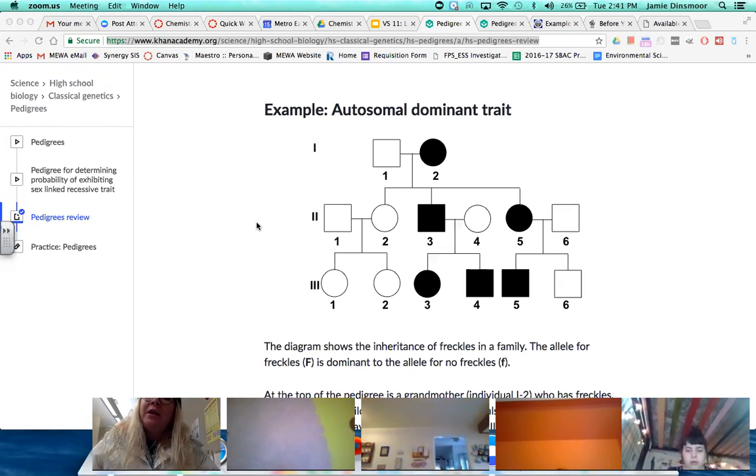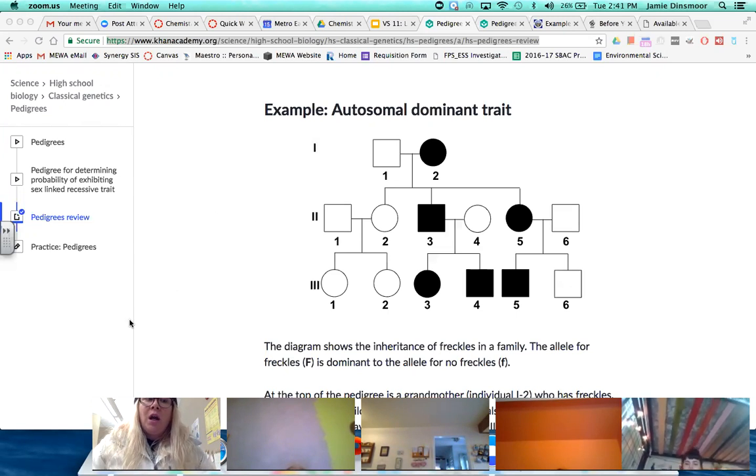Is it more likely to be passed down? It's not necessarily more likely. That's a good guess, Lane. It's a 50-50 chance, right? Unless they have 2 dominant alleles. But Lissa's answer here is really great. Dominant genes are always expressed, or they always show, even if there's a recessive allele, right? So dominant is always going to be expressed.